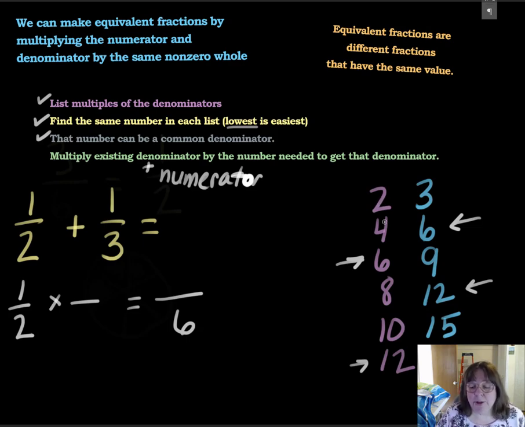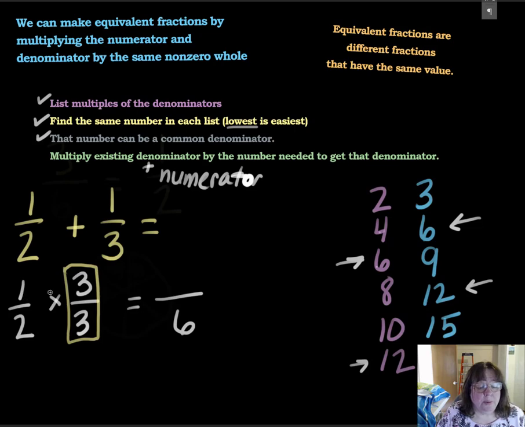2 times 1 is 2. 2 times 2 is 4. 2 times 3 is 6. And if we're multiplying the denominator by a 3, we need to multiply the numerator by a 3, because essentially we are multiplying by 1. 3 over 3, if you have a pie with all 3 pieces shaded, you've got a whole pie.